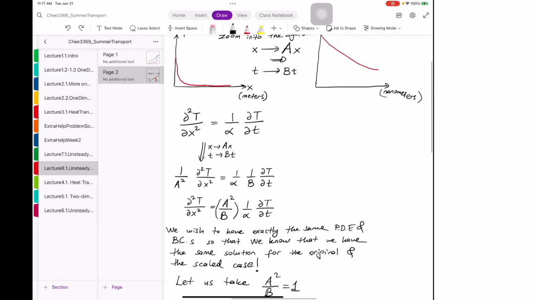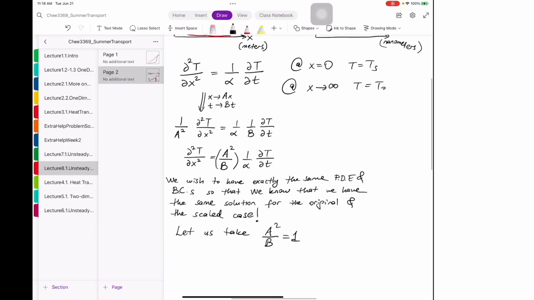The boundary conditions were originally at x is equal to 0, T is equal to Ts. And at x goes to infinity, T is equal to T0.